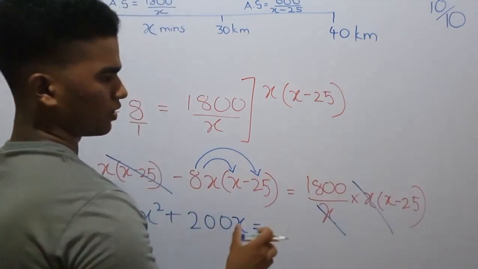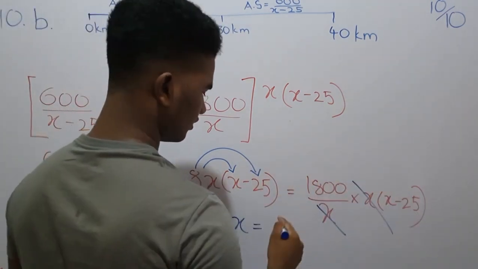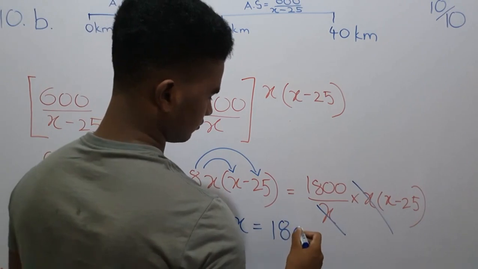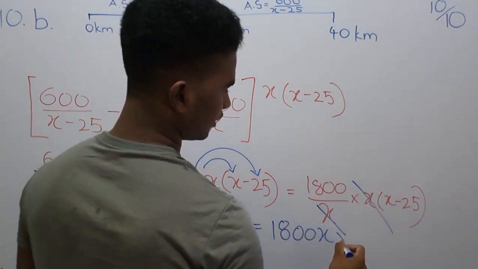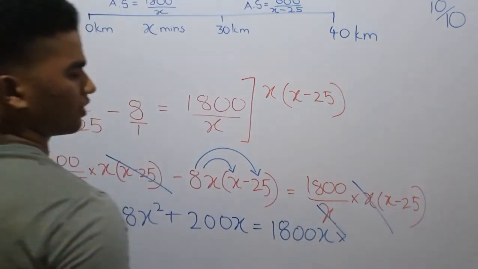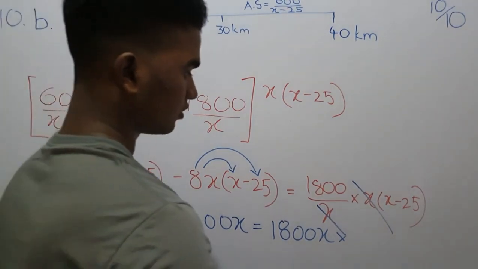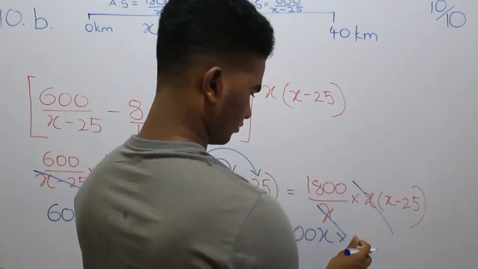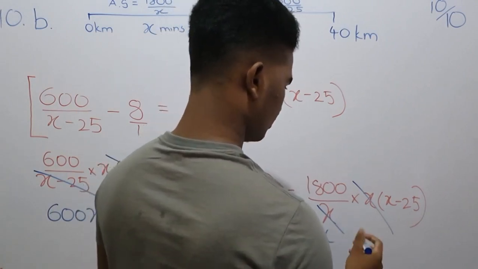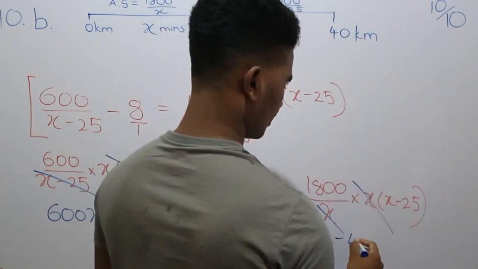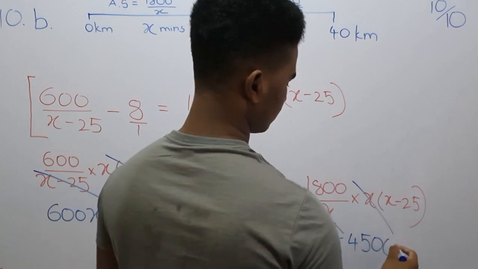1800 into x minus 25 is 1800 into x is 1800x, and 1800 into minus 25 is minus 45,000.